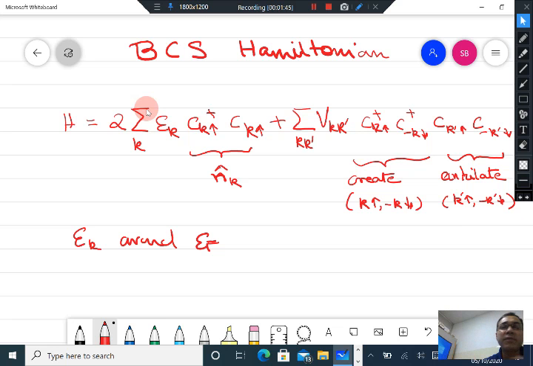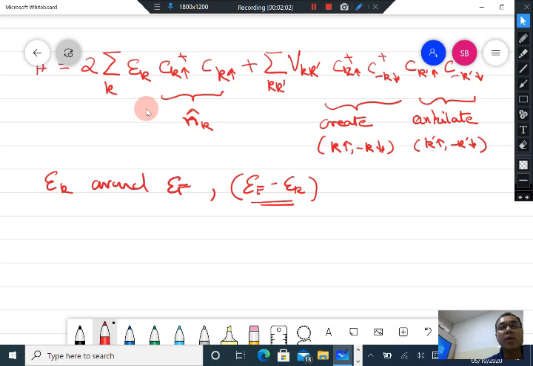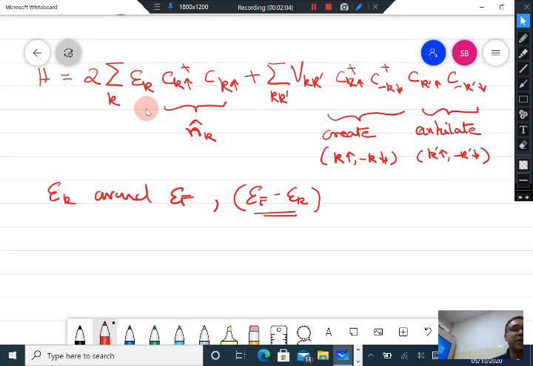For energy states very far away, we are not interested anyway. So we will consider energies of the type EF minus EK, where we are measuring the energies with respect to the Fermi energy. Okay, so now let us go on with the derivation of this Hamiltonian.